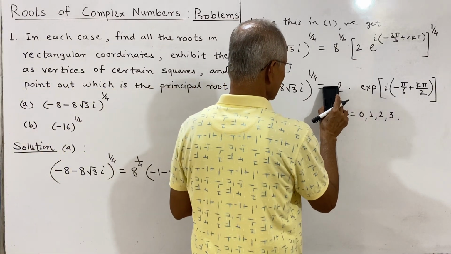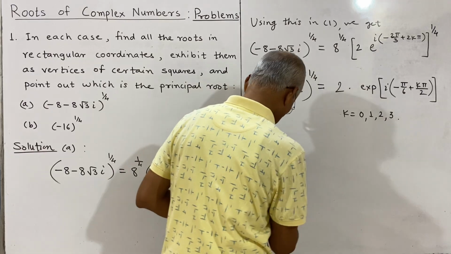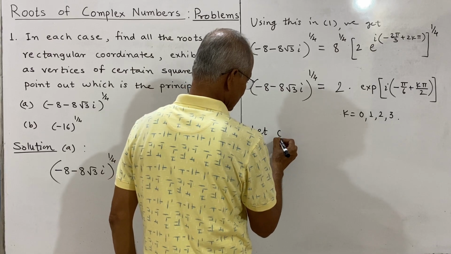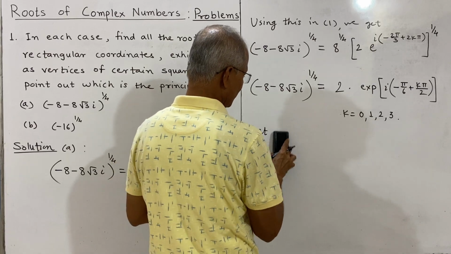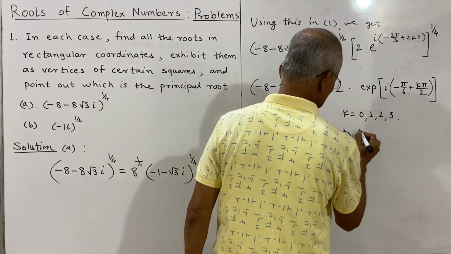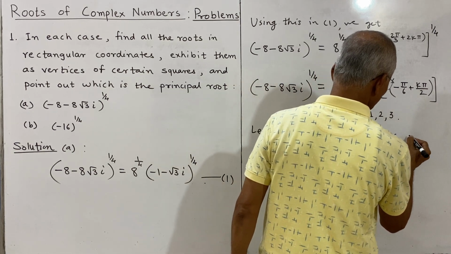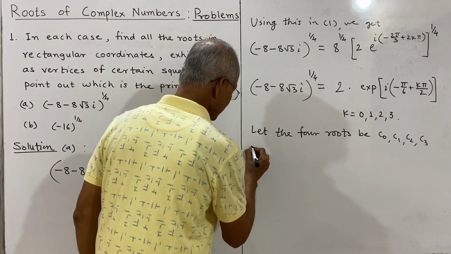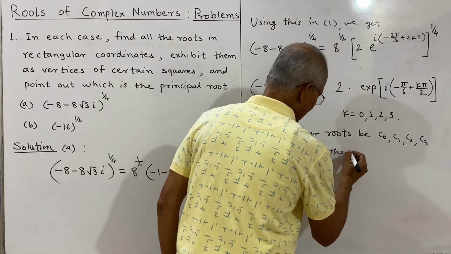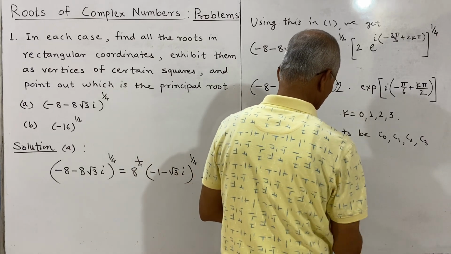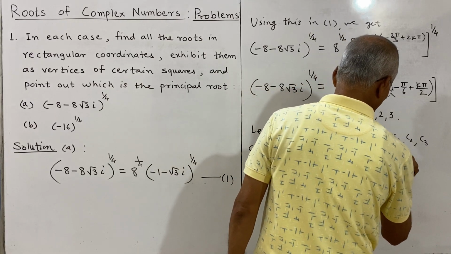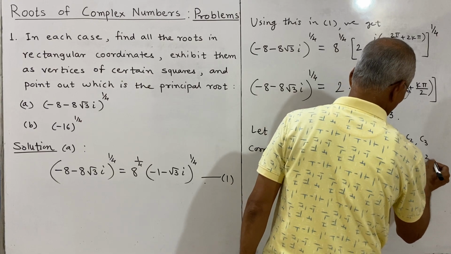Now putting these values of k, we shall get, let us denote the roots by C0, C1, C2, C3, corresponding to the values of k equal to 0, 1, 2, 3 respectively.